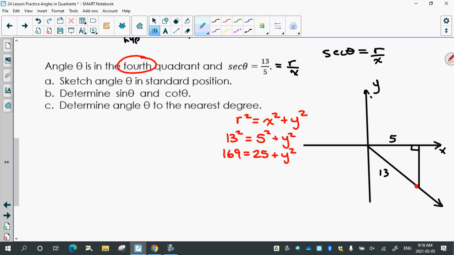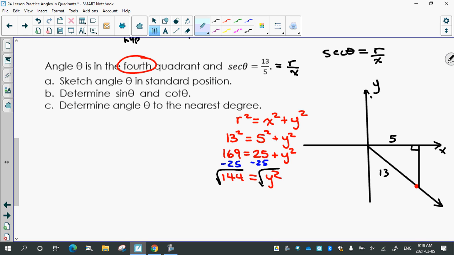And then to get Y by itself, we would subtract 25 on both sides first, which is going to give us 144 equals Y squared.